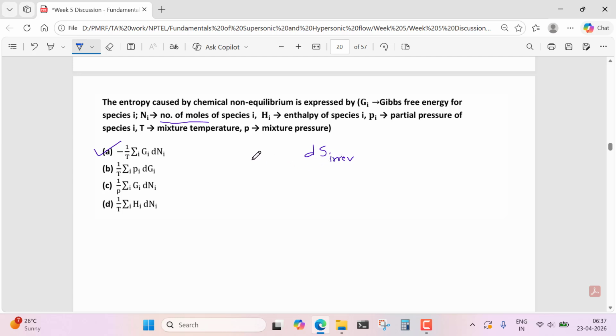So there are four options: A is minus 1 by T sigma i Gi dni, option B is 1 upon T sigma i Pi dGi, option C is 1 upon P sigma i Gi dni, and option D is 1 upon T sigma i Hi dni.